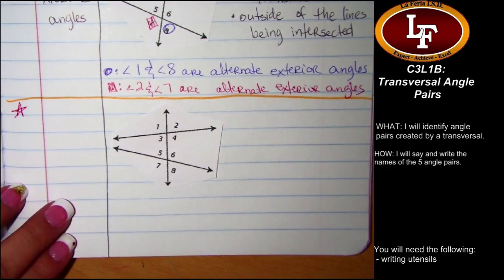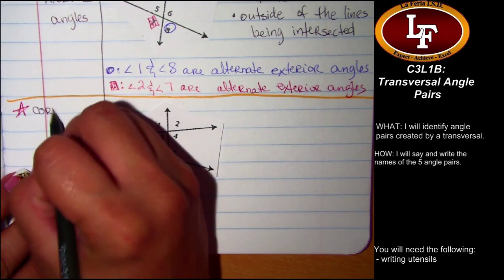All right, the very last pair of angles that we have is called the corresponding angle pair.